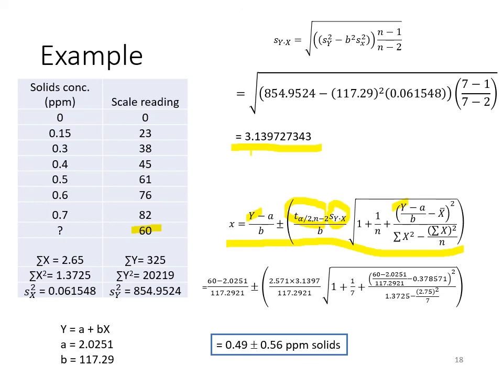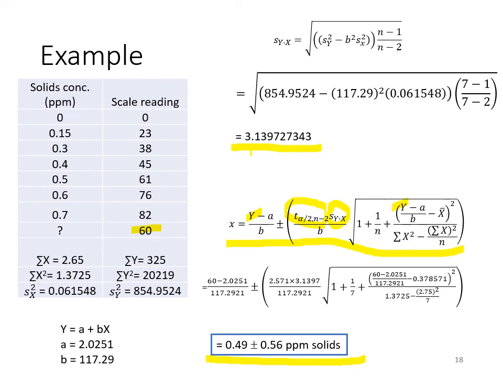Substitute the rest of the terms in, and what we find is that the concentration that corresponds to a scale reading of 60 is 0.49 plus or minus 0.56 parts per million solids.